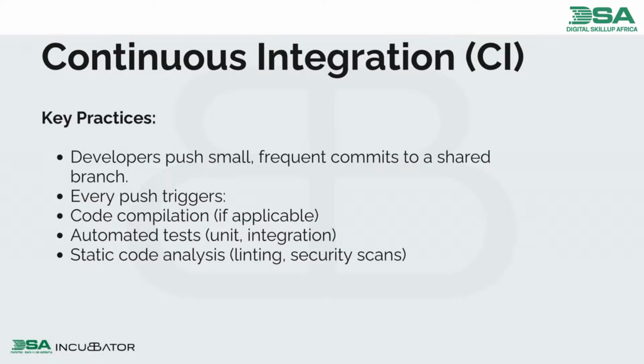And not just that, you should have tests as part of your code. So once you push, the CI runs the automated tests, and in addition to that, you can do static code analysis. I wouldn't know if you guys will remember, when writing TypeScript code, there are times that it will show a red squiggly line underneath some of the code, indicating that there are issues here and there.